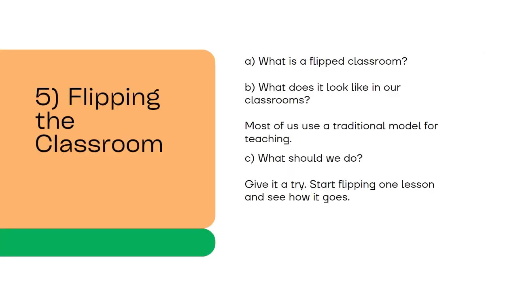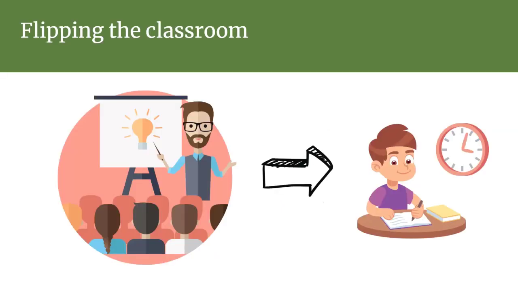And this also brings us to our last point, flipping the classroom. Most of us use a traditional model for teaching, and one of the things that we can do is give it a try. Try flipping some of the aspects of the classroom, and see how it goes. It might work for you.